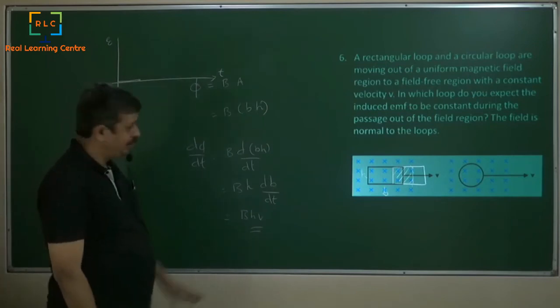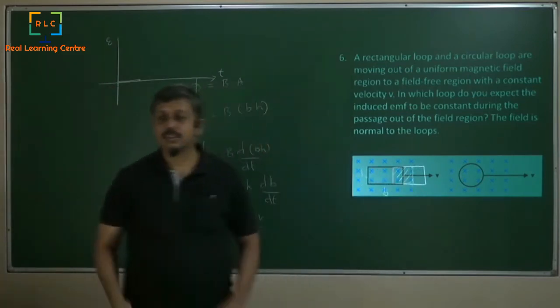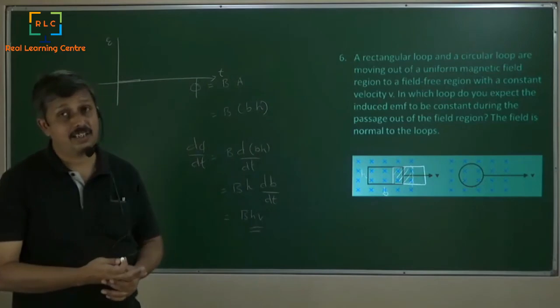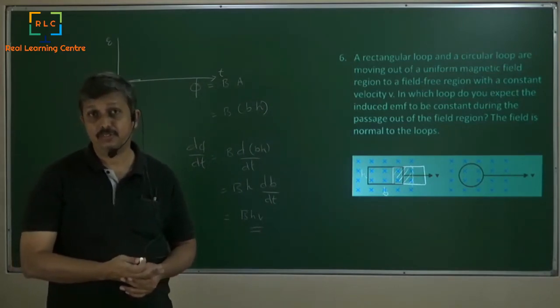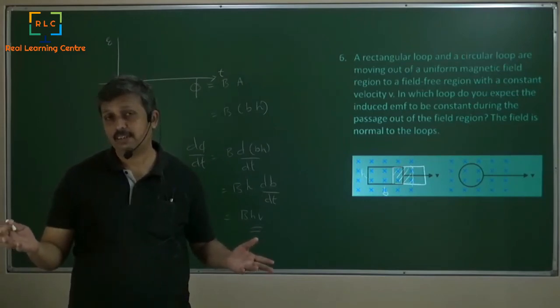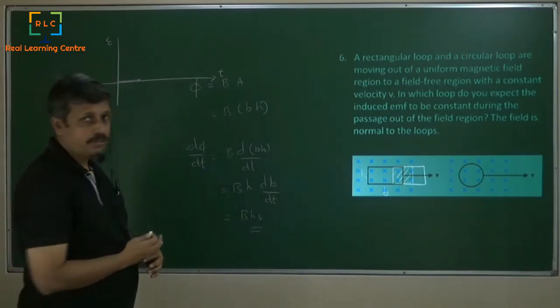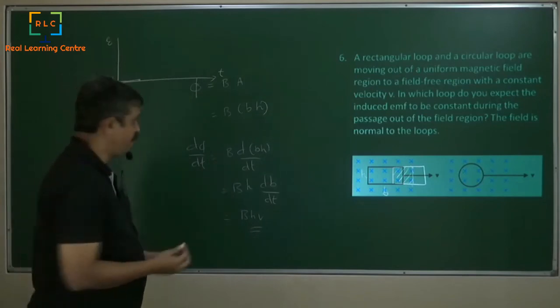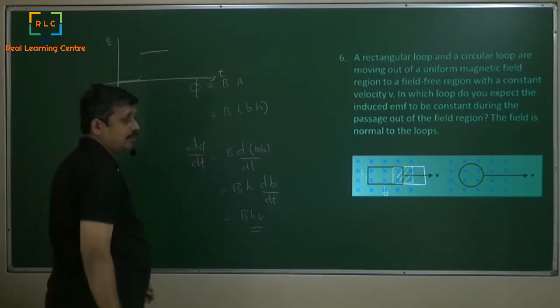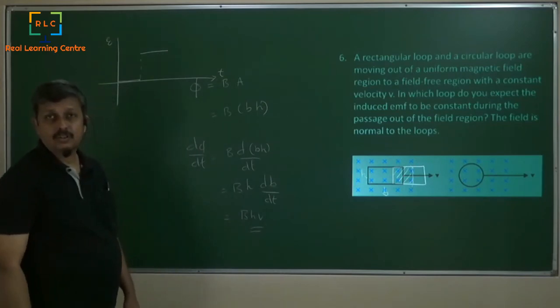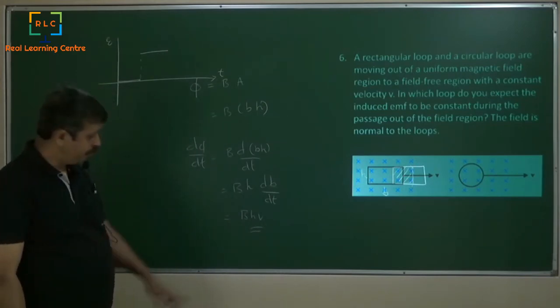When it starts getting out, there is a change that is proportional to the velocity, and that gives you a certain EMF, which becomes constant like this, because v is constant.